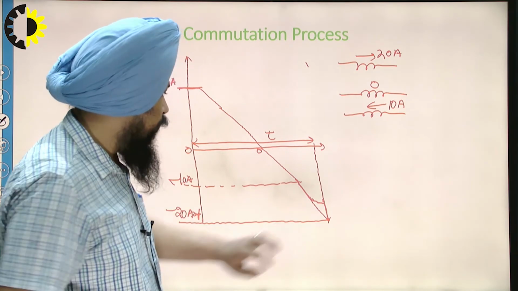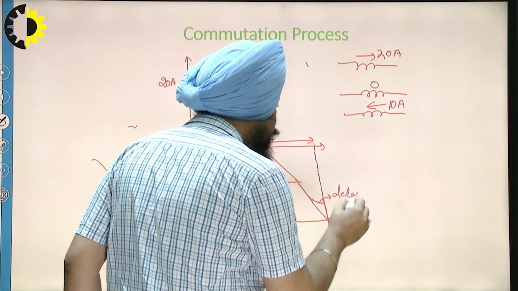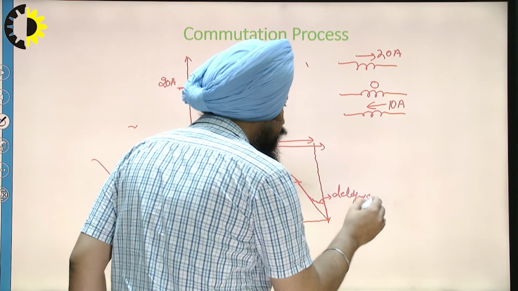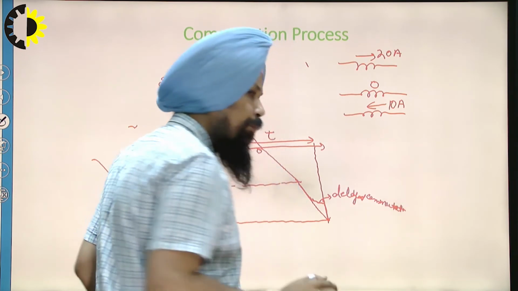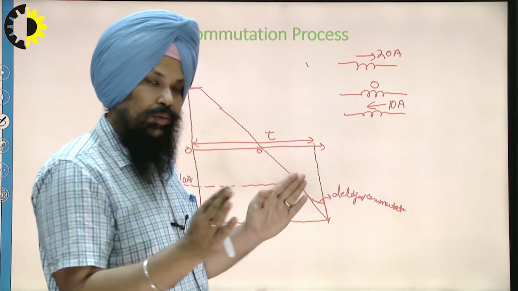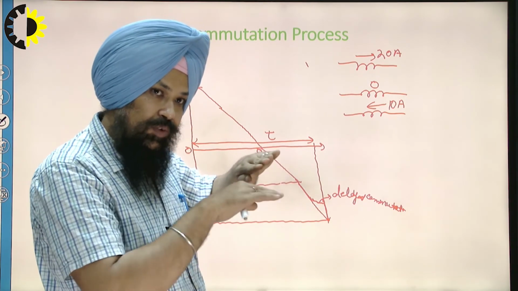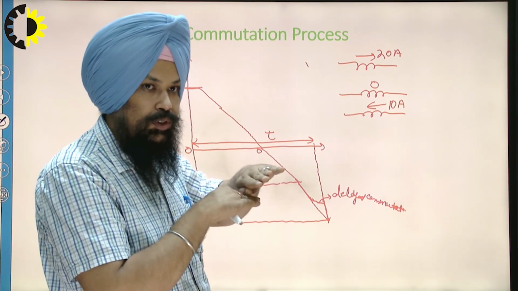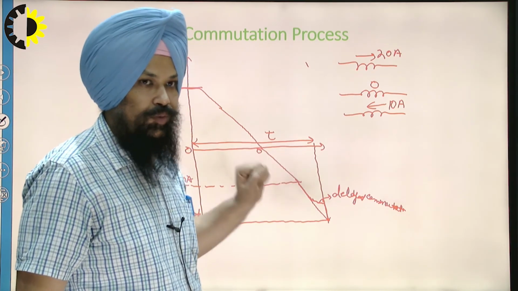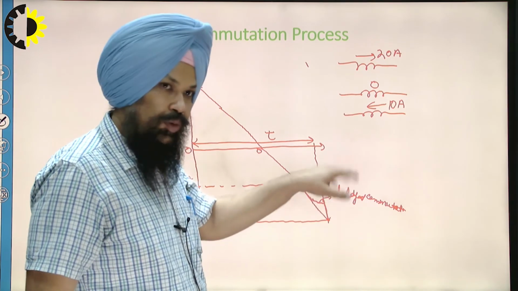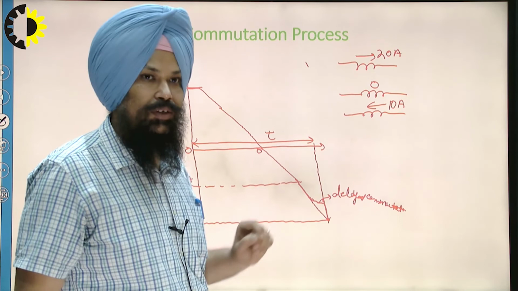So this is delayed commutation. Delayed commutation means that when the commutator segment is under the effect of complete 100% brush position, the current in that particular coil is still only 35 ampere, and the rest is coming from the air and due to the spark. That's why it is known as delayed commutation.